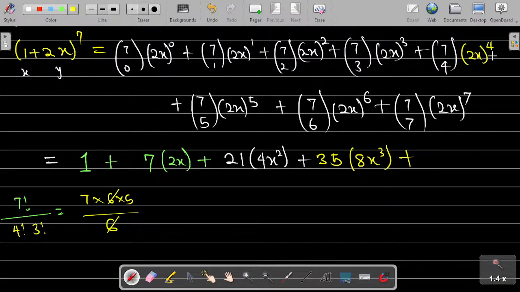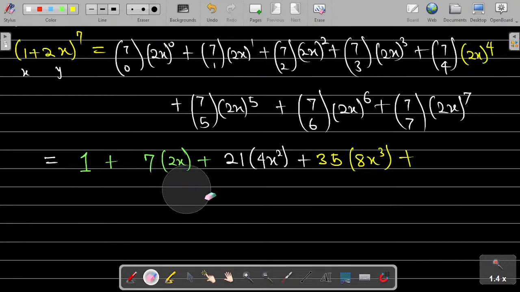Now if you simplify this, we are going to use complementary combination to finish the remaining. So you see why you need to know all of these things: complementary combination, n combination n, or n combination 1. It helps your work. Because 7 combination 4 is the same thing as 7 combination 3. So here is going to give me 35, and then if I open this, I'm going to get 16x raised to the power of 4.